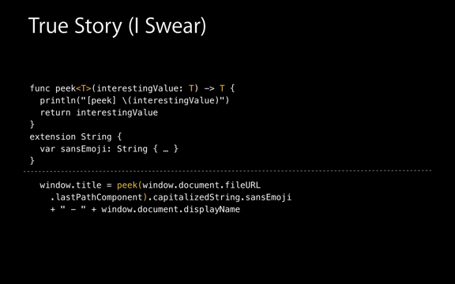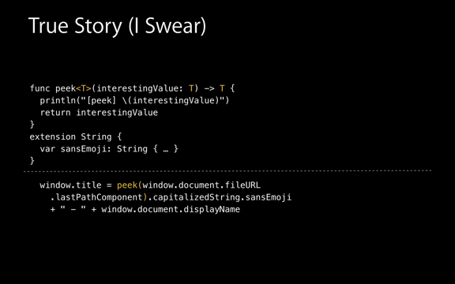What he did here was turn peek into a generic function. Now, a generic function is declared with a type parameter list in angle brackets after the base function name. In this case, there's just one, T. Now, you can think of T as a placeholder for any type. And when you write a function this way, Swift deduces what T is from the type of the actual argument you pass.